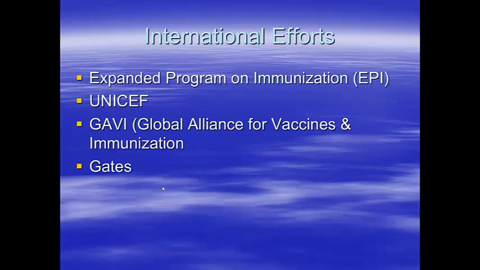A number of international groups are involved in global vaccination campaigns, including the Expanded Program on Immunization, EPI, UNICEF, the Global Alliance for Vaccines and Immunization, Gavi, and the Bill and Melinda Gates Foundation.